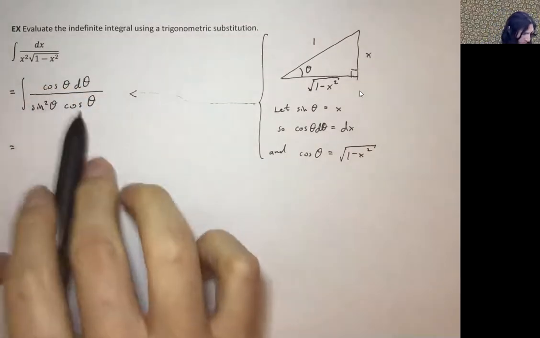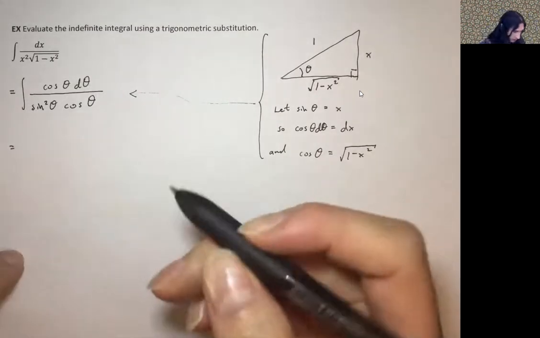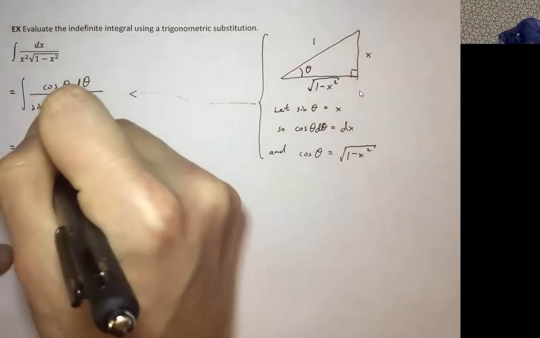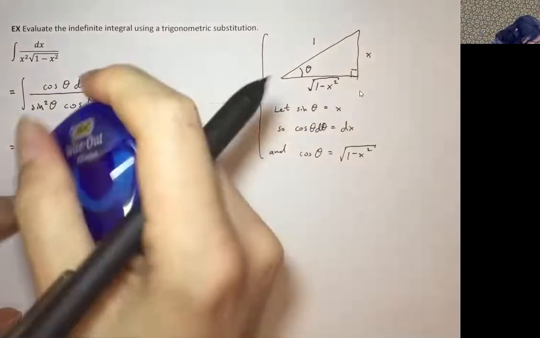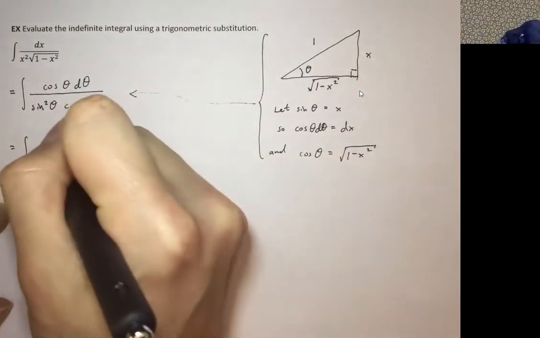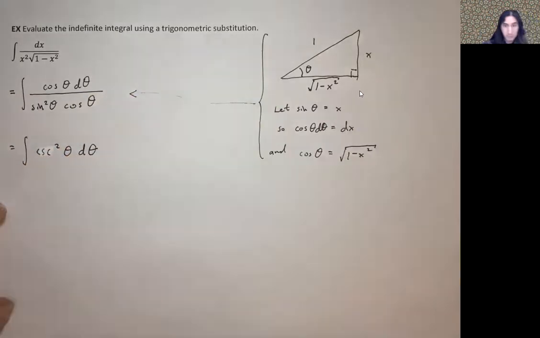The cosines will cancel, and I'll have 1 over sine. 1 over sine is the same as cosecant, right? So this is cosecant squared theta d theta.